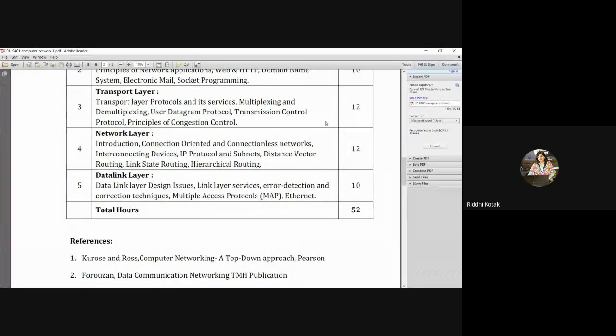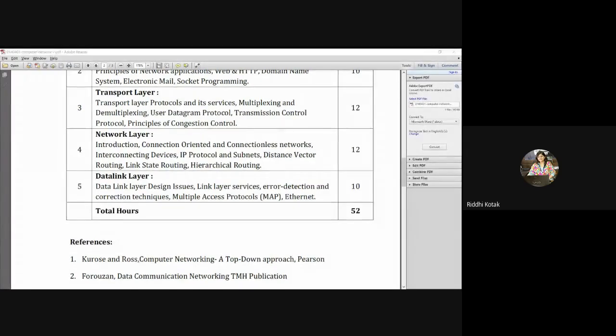And then we solved many routing algorithm examples, like link state routing, distance vector routing, and yesterday hierarchical routing. So from the syllabus you can verify that each and every point I have covered. Now one unit remains, which is the data link layer.